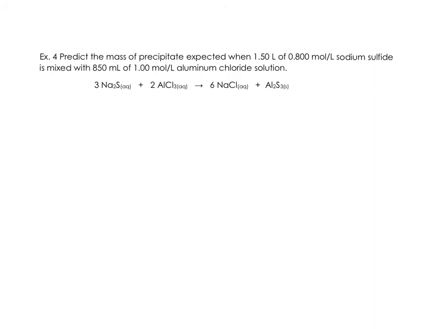All right, so let's place what we know where we know it. So sodium sulfide is 1.50 liters, and the concentration is 0.8 mole per liter. Aluminum chloride, 850 milliliters. Convert that to liters, and we have 0.85 liters and 1 mole per liter.